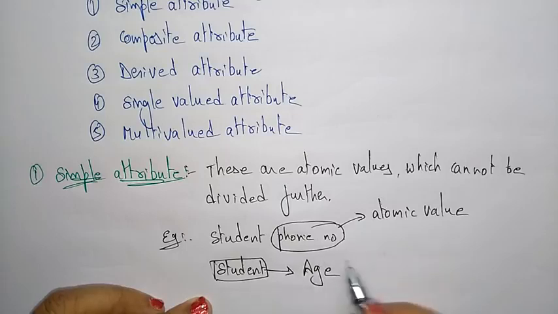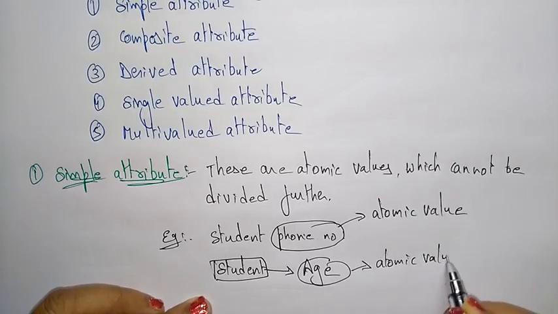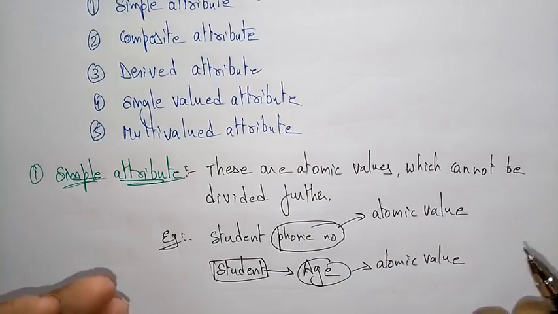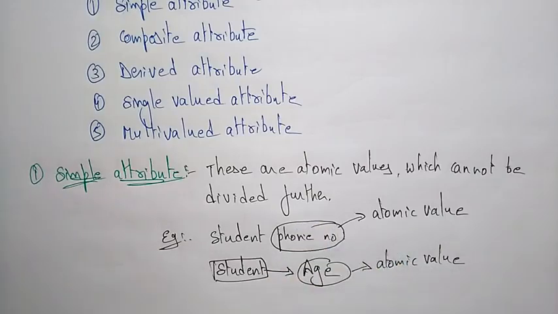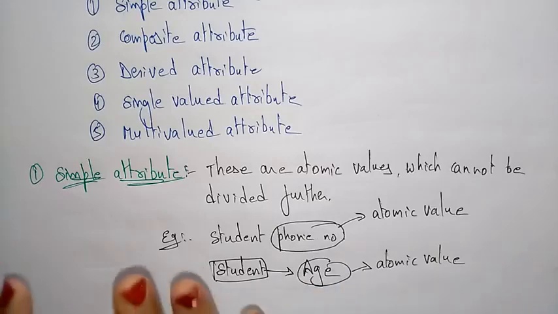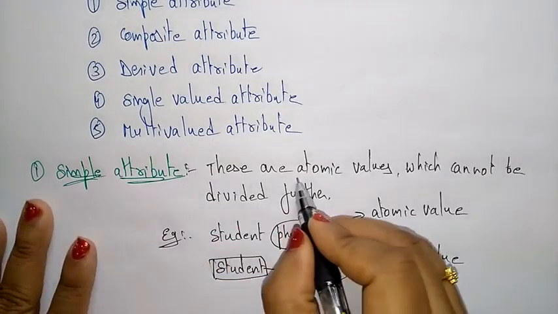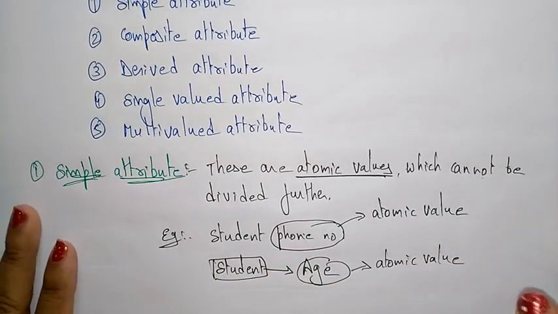Here the age is an atomic value. You cannot divide the age. Suppose age is 25, you cannot divide that 25 as a 2 and a 5. So those you call a simple attribute. Simple attributes are atomic values which cannot be further divided.